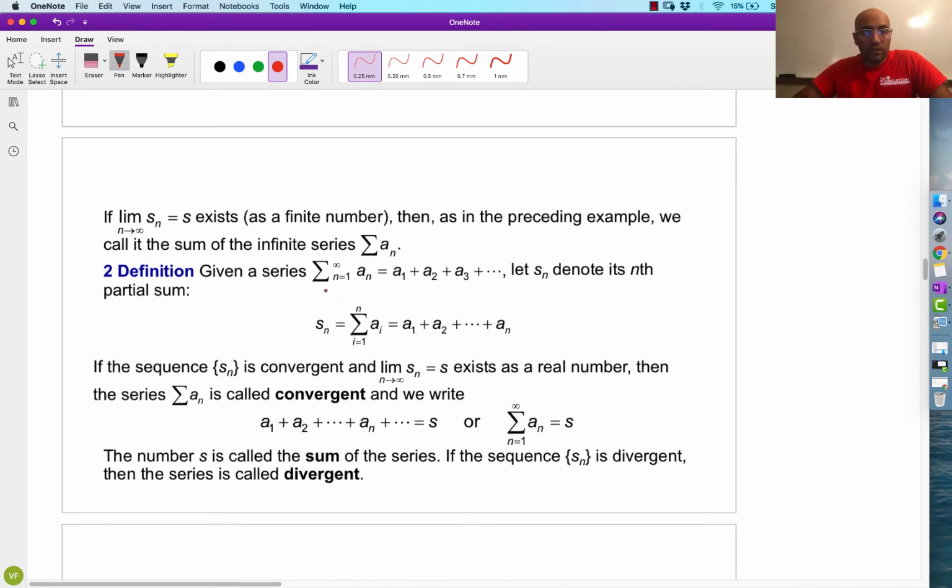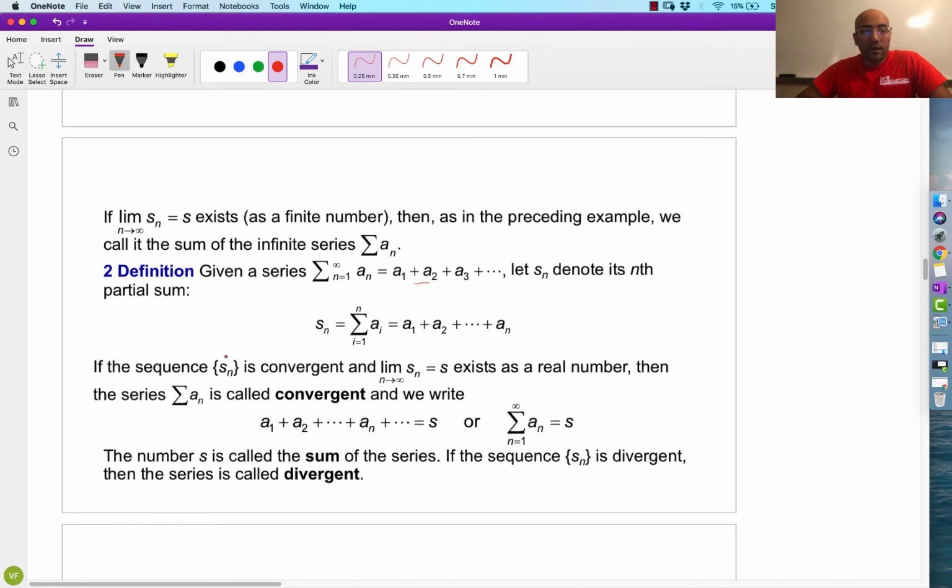So by definition, given a series, the sum from 1 to infinity of a sub n equals a sub 1 plus a sub 2 plus a sub 3, and so on and so forth, we can let S sub n denote the nth partial sum, the sum of the first n of them.